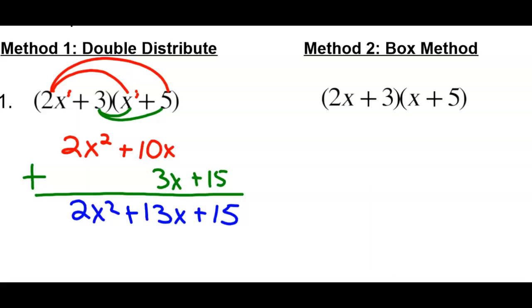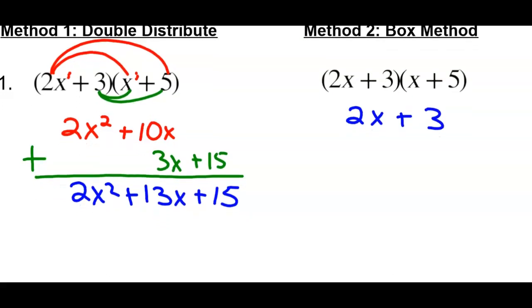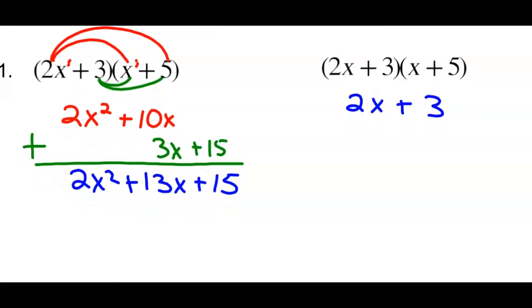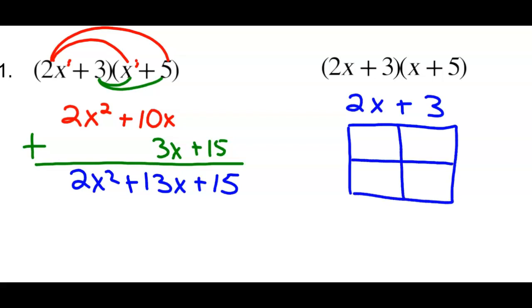Okay? Here's the other method. The other method is the box method. So I'm going to take this and I'm going to put it on top. It doesn't matter if you put it on top or on the bottom. Let me draw my box first. So you're going to draw a box, one for this term, one for this term.